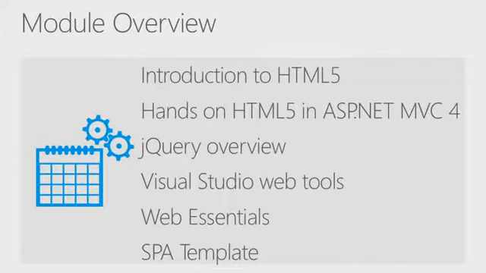We'll dig into some of the web tools, look at Web Essentials. We talked a little bit about why Web Essentials is important and the relationship between the Web Essentials additions and Visual Studio itself. And then some of the new SPA, single-page application templates that we added in Web Tools 2012.2. SPA, as we would say in Australia. You do say SPA? SPA. Fantastic.